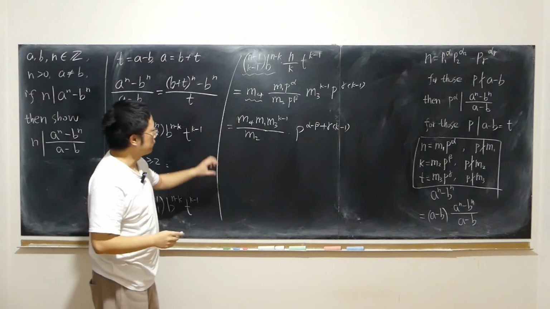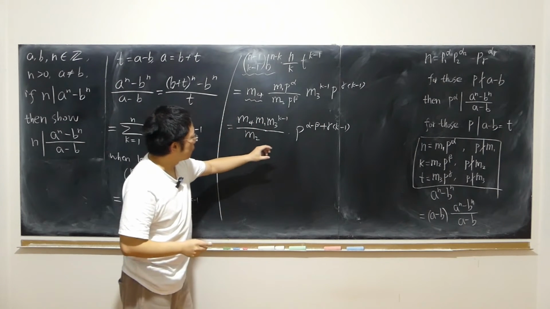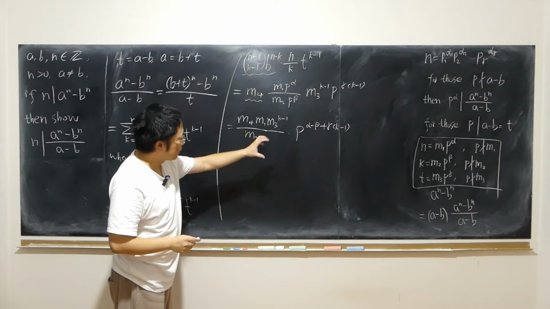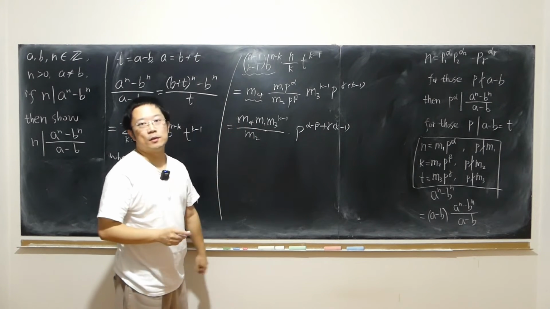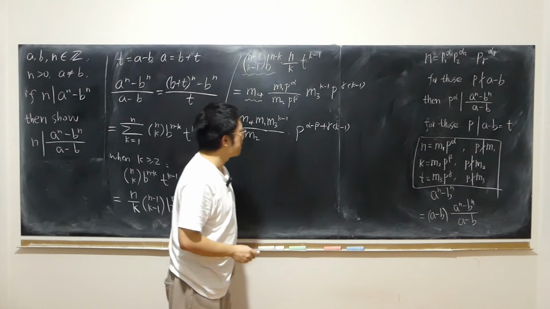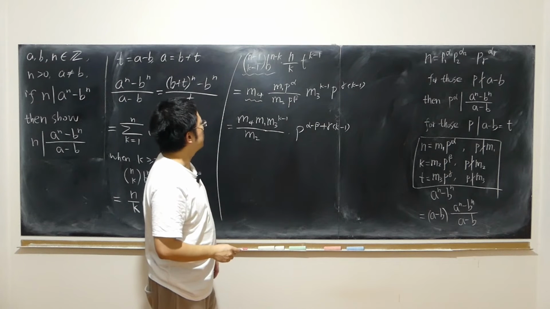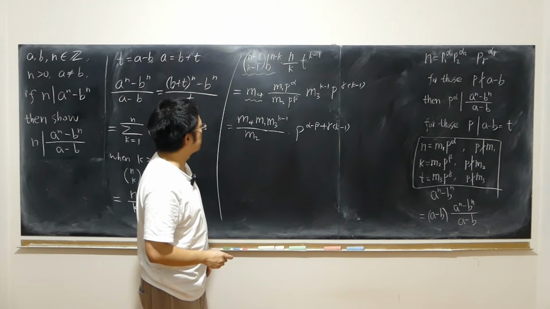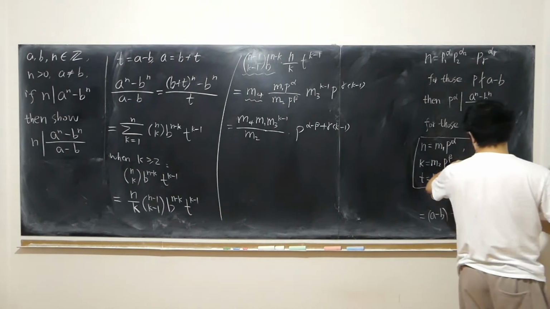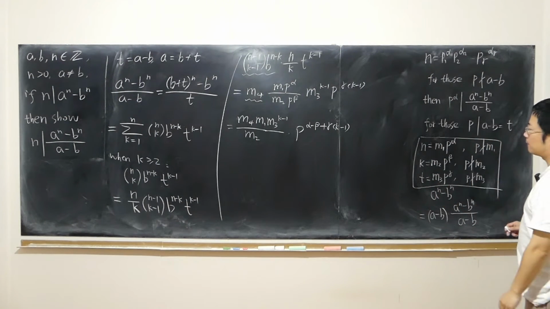We're going to discuss these m's later. Now we're going to focus on the power of p, determining its size. Hopefully it has at least alpha many p's. So first, what's the size of beta? I say beta is no larger than k. Why?